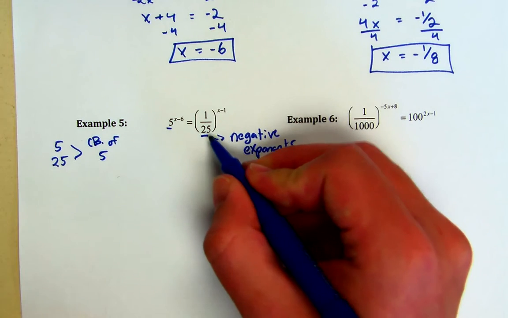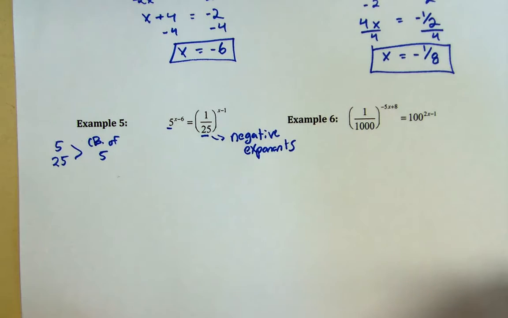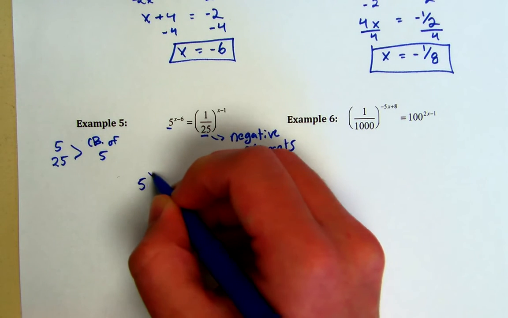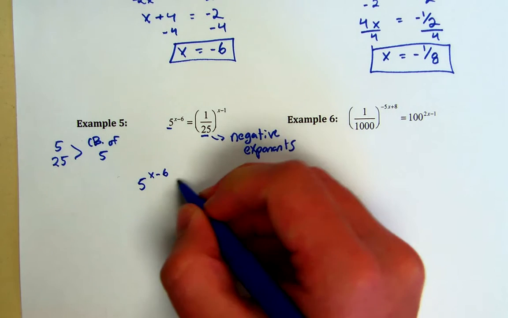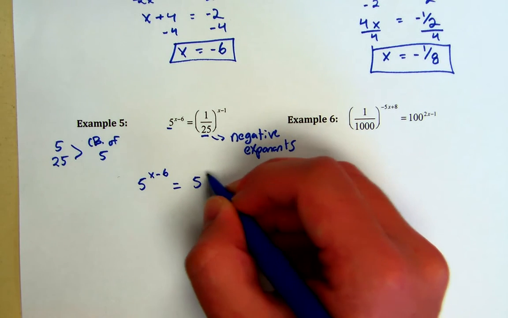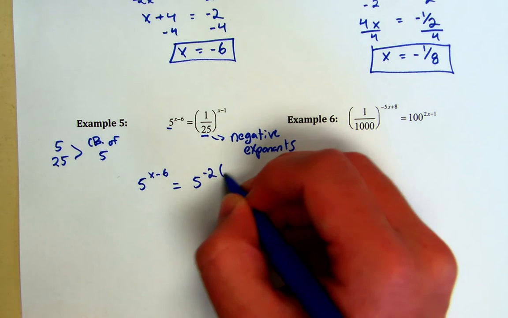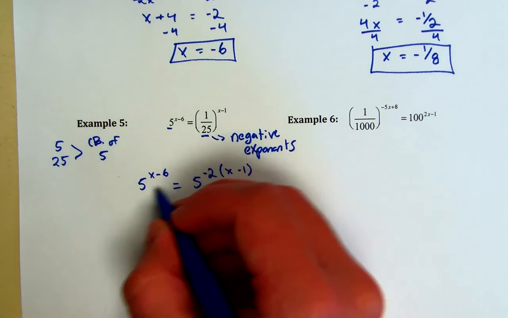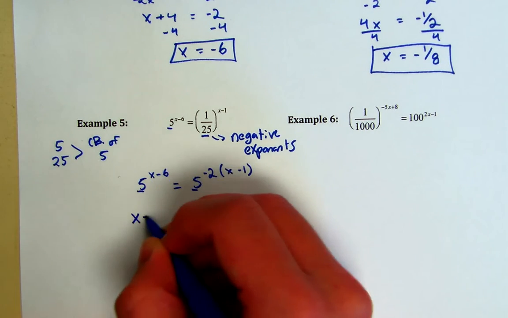So if I rewrite this with a negative exponent, I can get it to be base 5. So 5 raised to the x minus 6 equals 5 to the negative 2 power times x minus 1. Again, same base, exponents are equal.